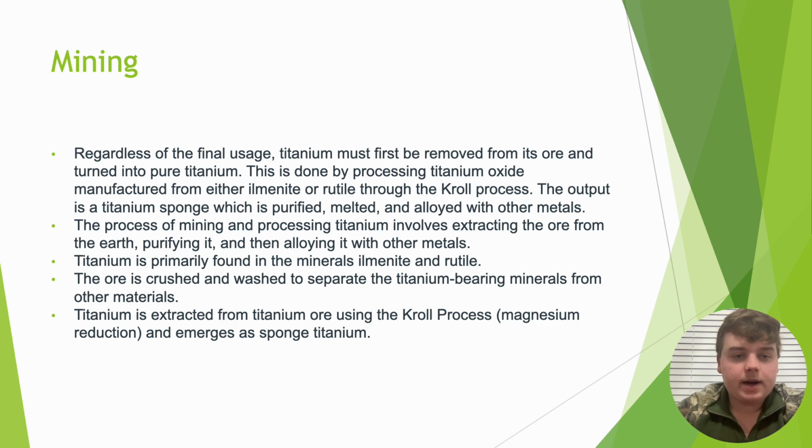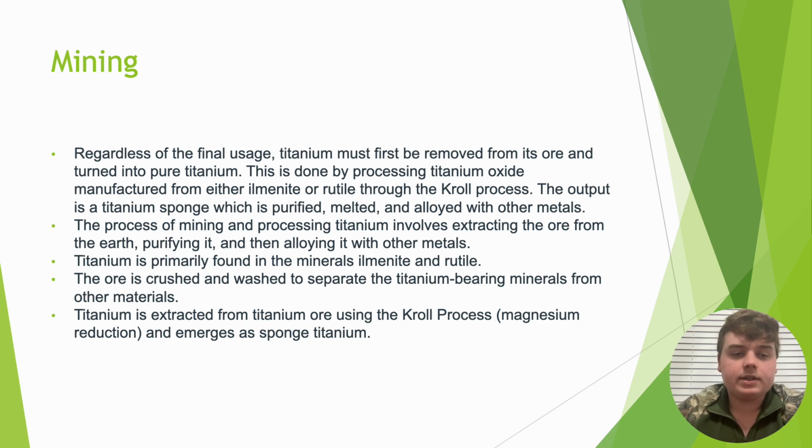The process of mining and processing titanium involves extracting the ore from the earth, purifying it, and then alloying it with other metals. Titanium is primarily found in the minerals ilmenite and rutile. The ore is crushed and washed to separate the titanium-bearing minerals from other materials.